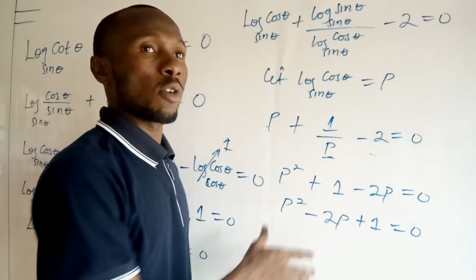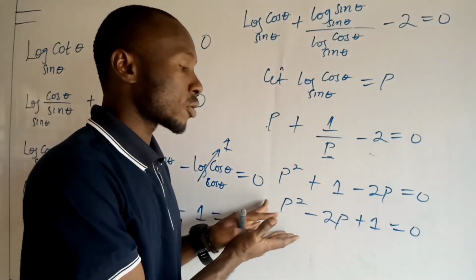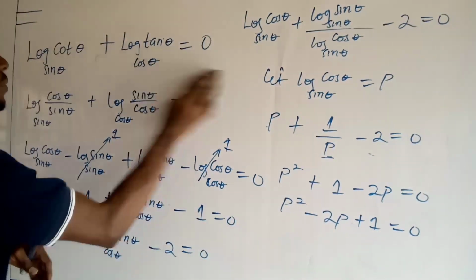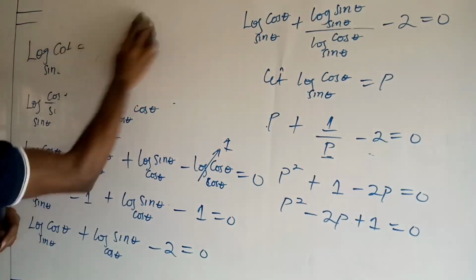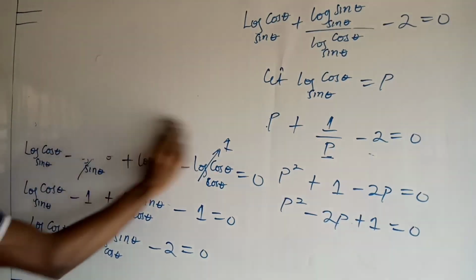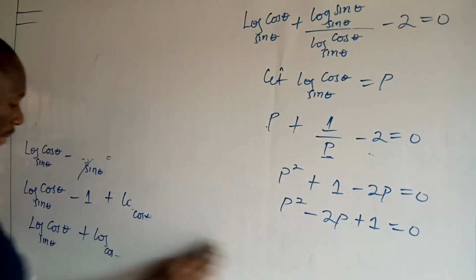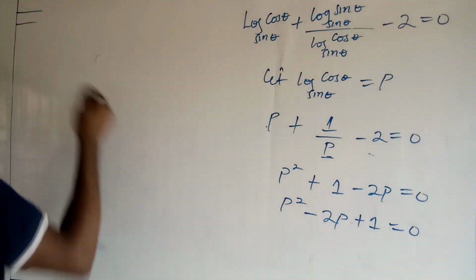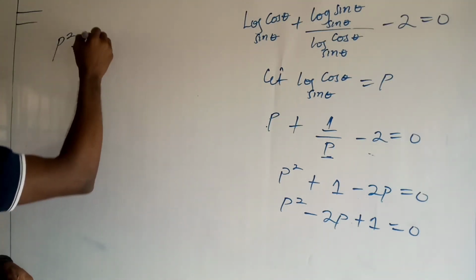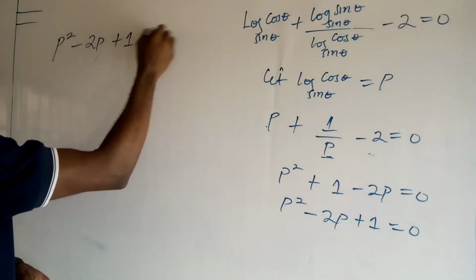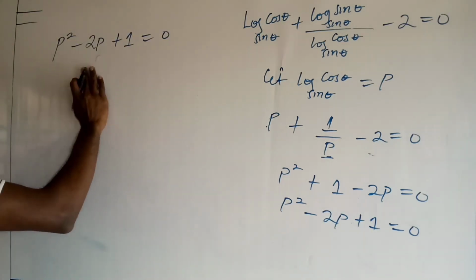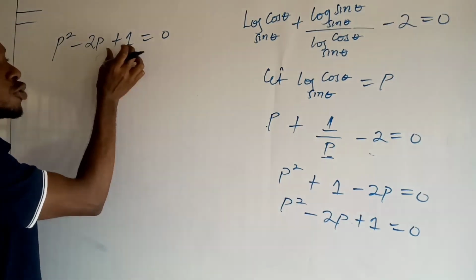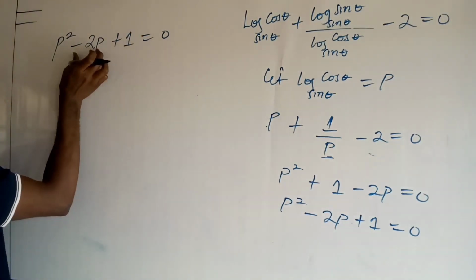Now we've gotten a quadratic equation, and we'll solve this quadratic equation by factorization method. So we have p squared minus 2p plus 1 equal to 0. At this point, we're looking for two values such that when you multiply them together, you get positive 1, and when you add them, you get minus 2.